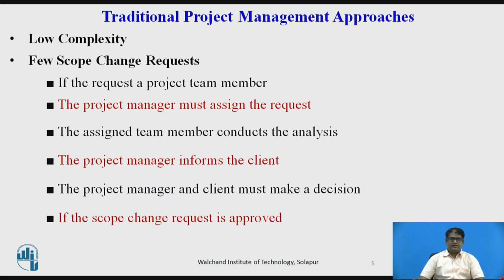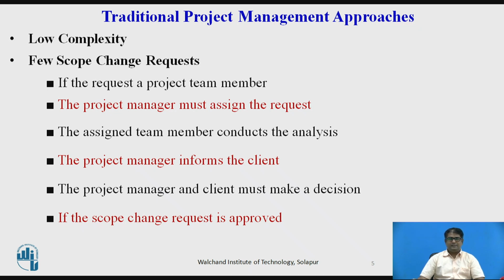Someone needs to decide if the request warrants an analysis by a project team manager. The project manager must assign the request to the appropriate team member. The assigned team member conducts the analysis and writes the project impact statement. The project manager informs the client of the recommendations.